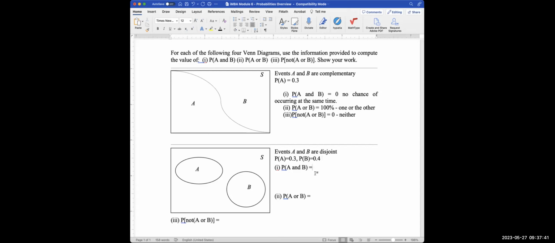All right, so now with that information, can you find the chance of A and B, the chance of A or B, and the chance of not A or B for an individual visiting the salon on any given visit?